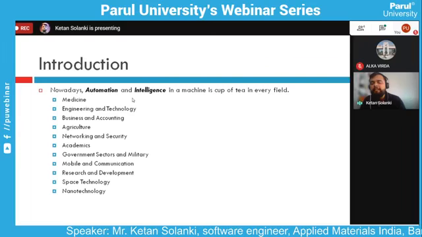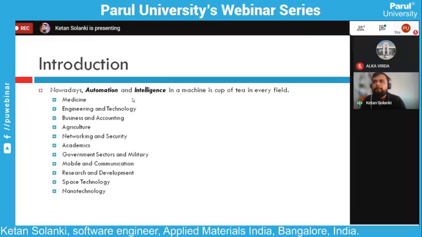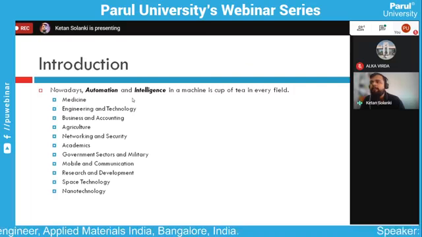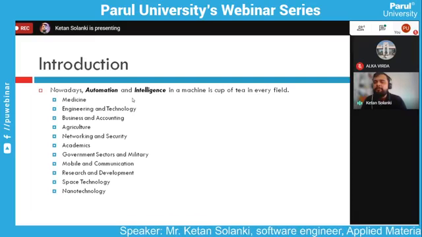All are related to more intelligent and automated machines. Then we think about engineering technology, business and accounting, agriculture, networking and security, academics. Wherever we think, the first thing that comes to mind is that we need automation as well as intelligence in our machinery.